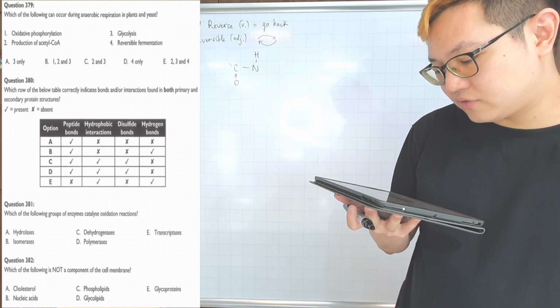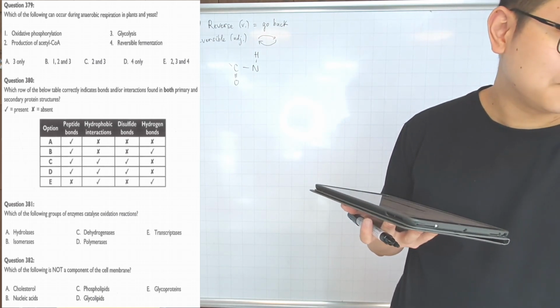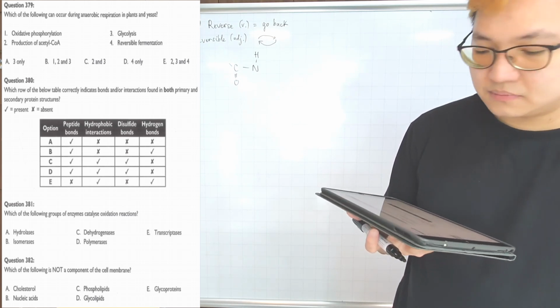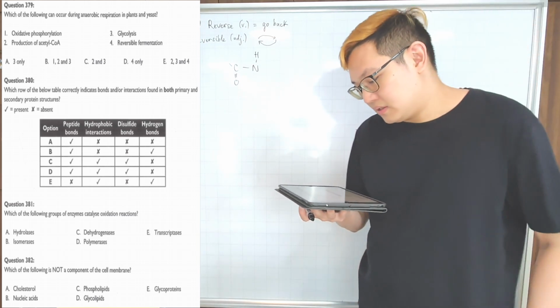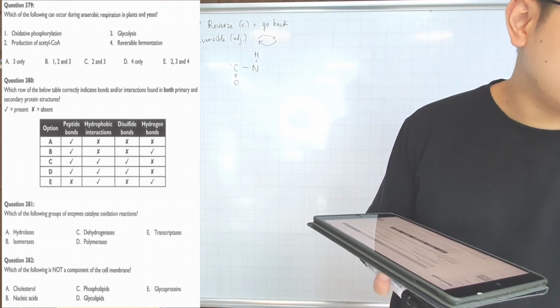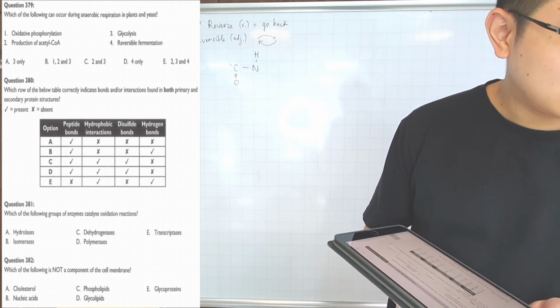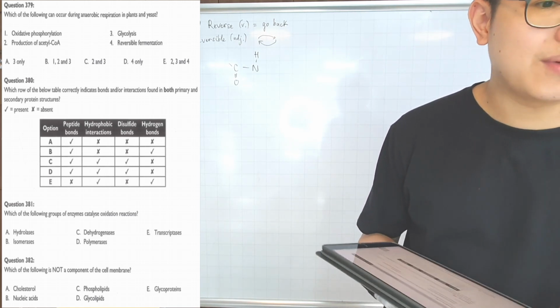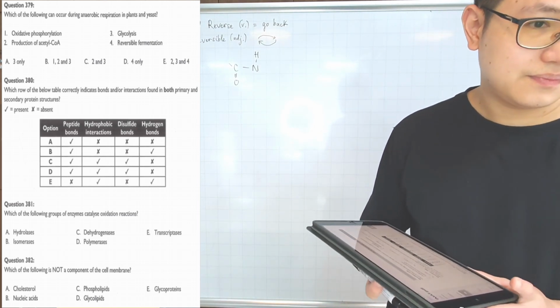How about hydrophobic interaction? You don't know, right? How about disulfide bonds? Between the two sulfur is a disulfide bond. This is in tertiary structure. So, how about hydrogen bonds?